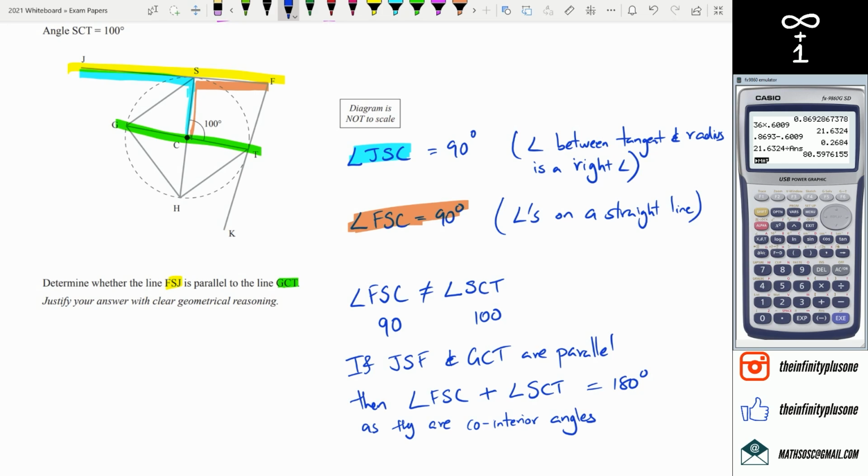But this is just another way. There's heaps of ways to do this question, but this is just showing one way. So required angles found with at least one valid reason gets you a Merit. Getting a 90 degrees up there with the blue is going to get you an Achieved for this question. Cool, let's move on to the next one.